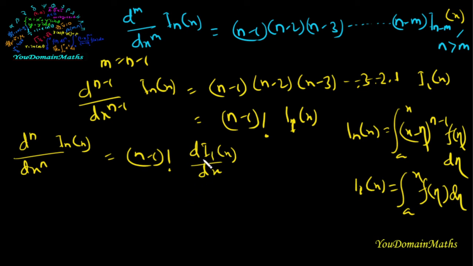And this result is only f of x. That means d of I_n of x over dx is only f of x.